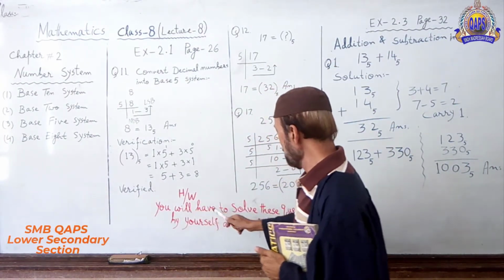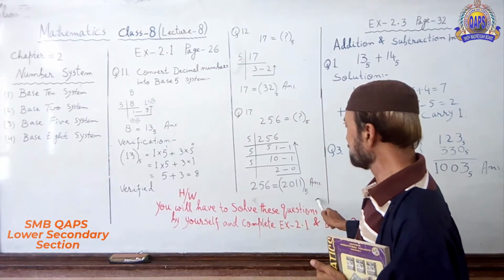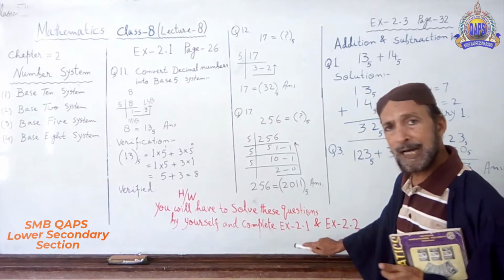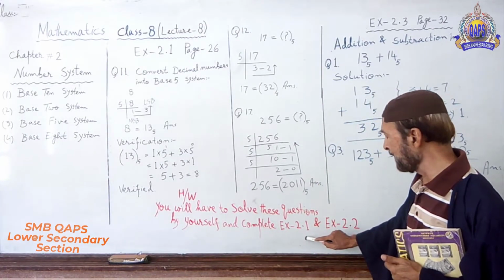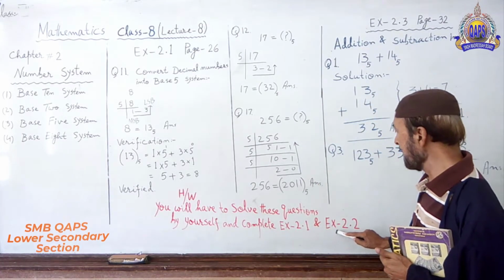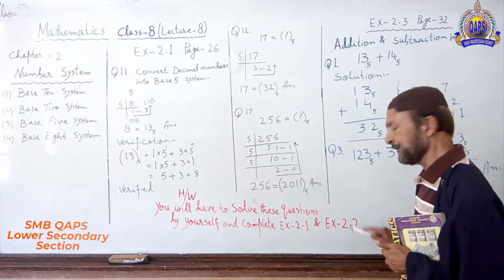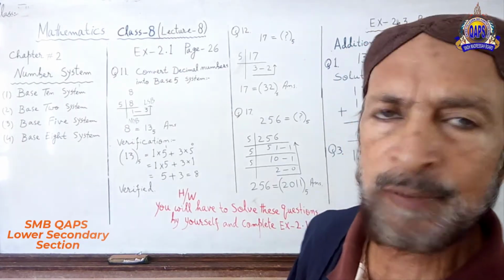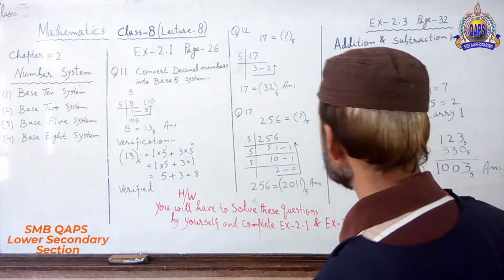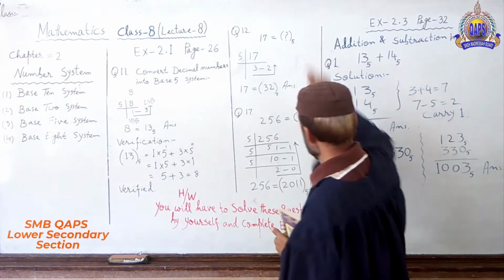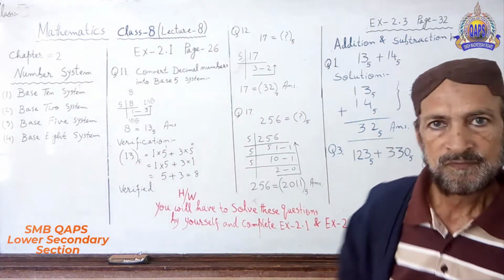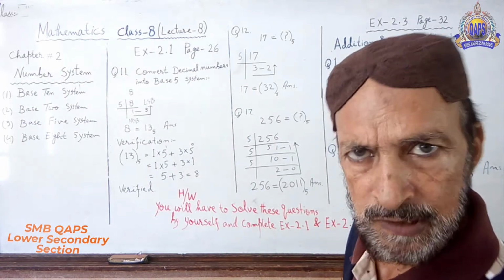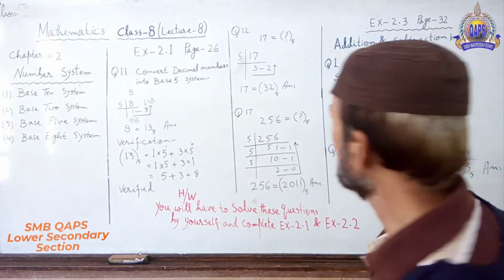Homework. You will have to solve these questions by yourself and complete exercise 2.1 and exercise 2.2. You can do it. No problem at all. Examples, questions and explanations are already over here.